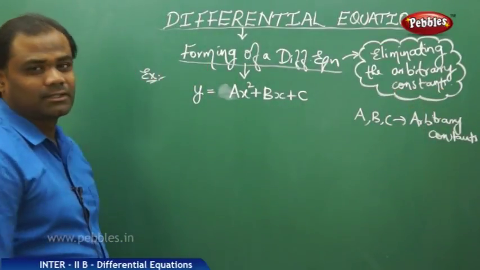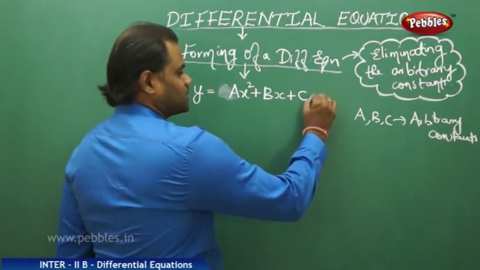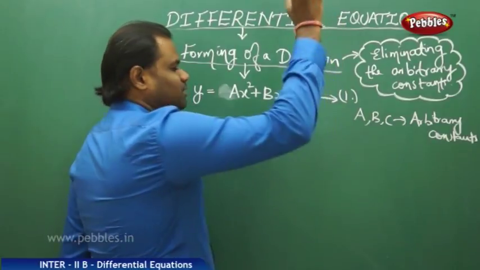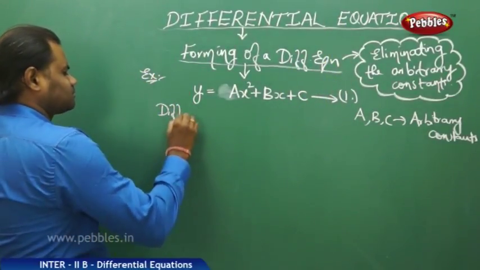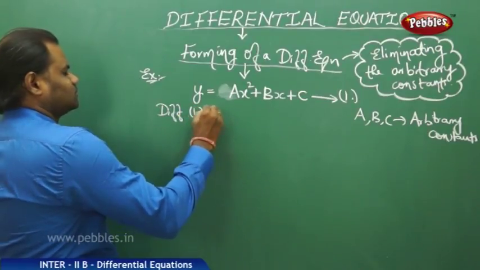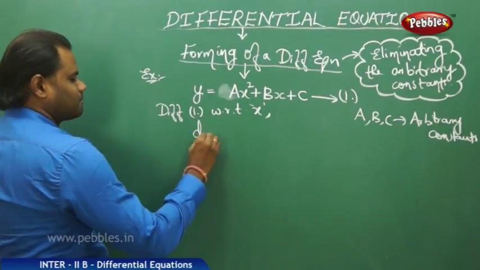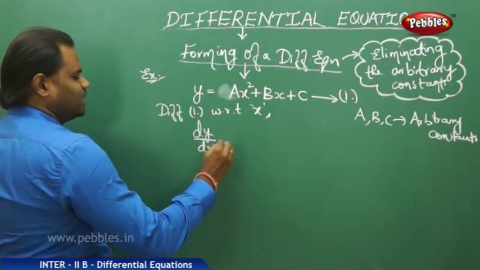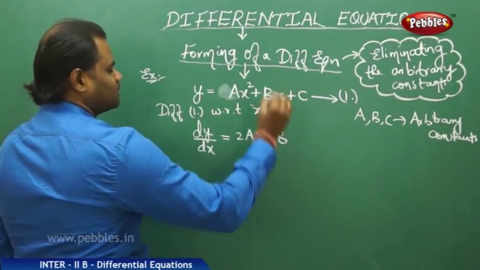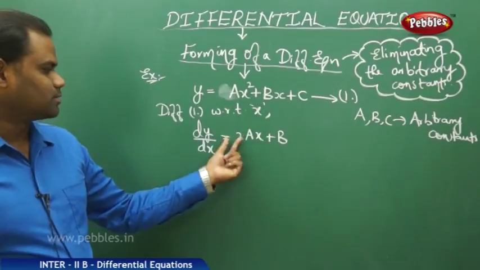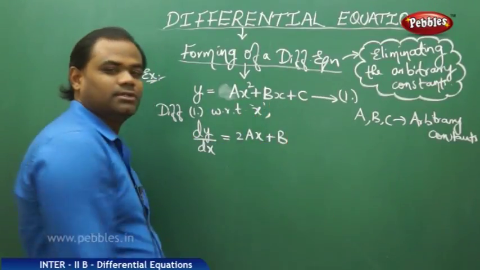So in order to do that, initially I differentiate both sides of the equation, which I represent with 1. So let me take this as equation 1, and differentiating 1 with respect to x, I get dy by dx equals 2ax plus b, because d by dx of x squared is 2x, d by dx of x is 1, and d by dx of a constant is 0.